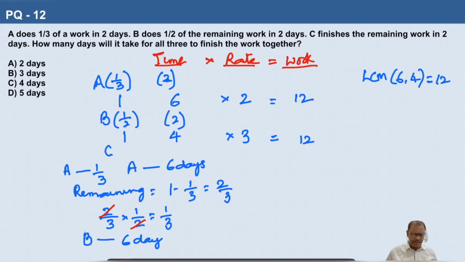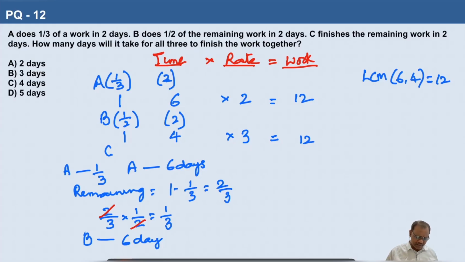C finishes the remaining work in 2 days. Out of the remaining 2 by 3, half is 1/3. 1/3 is done by B and the remaining 1/3 C will do.